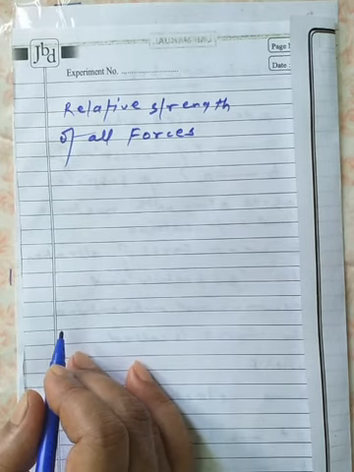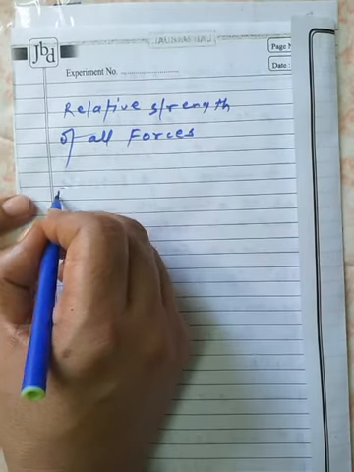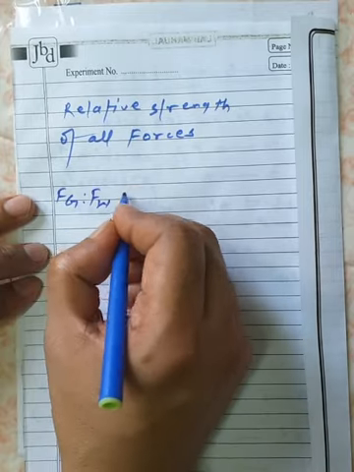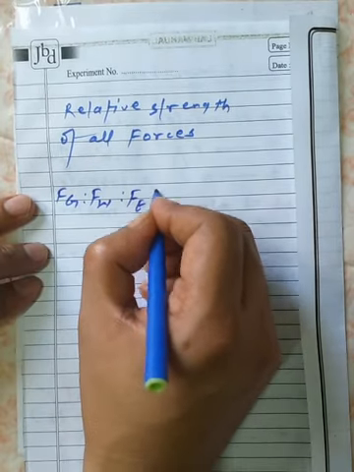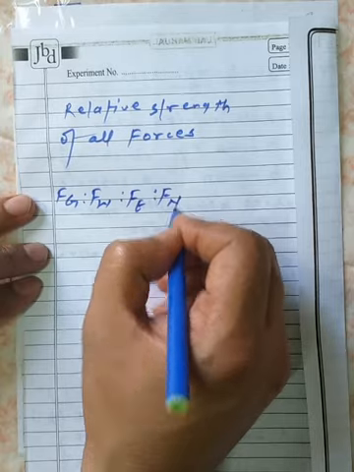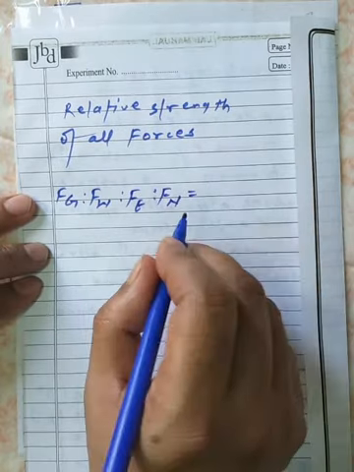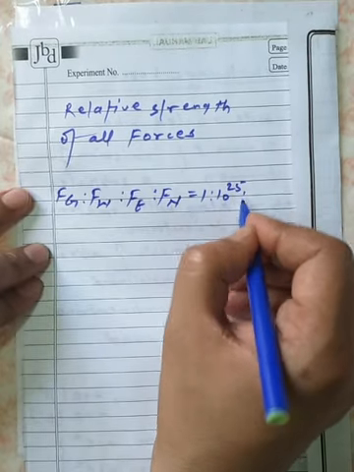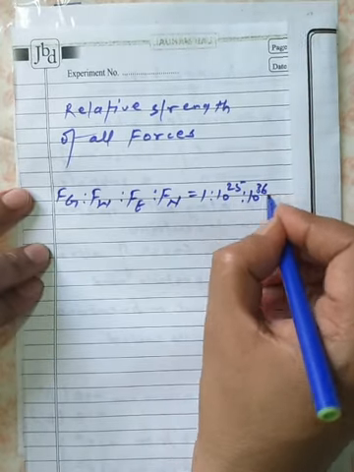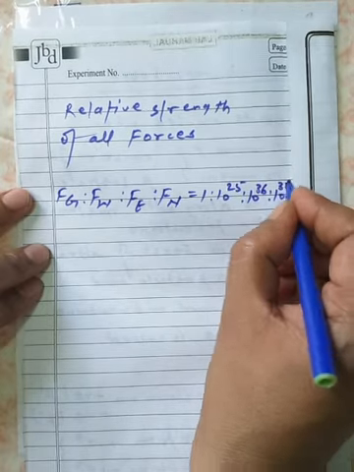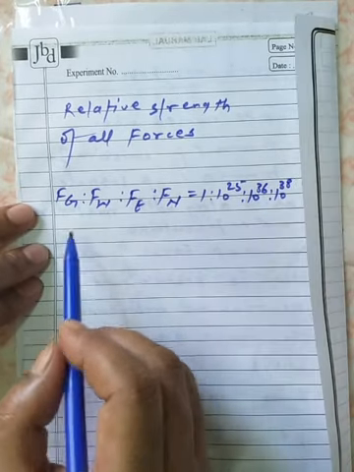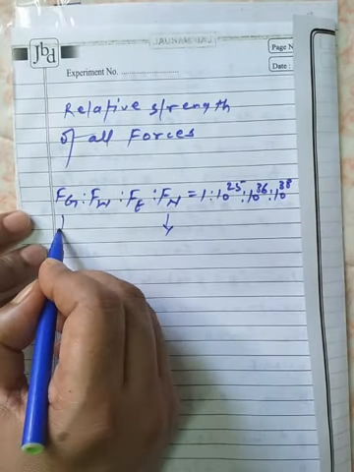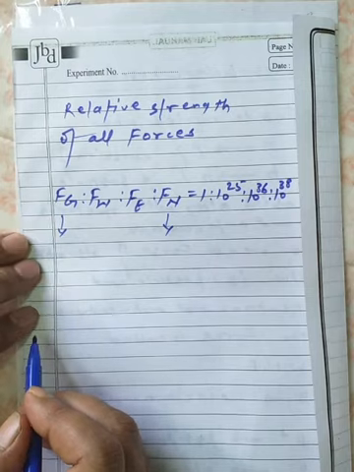We have the force of gravitation, the weak nuclear force, the electrostatic force, and the nuclear force, with relative strengths in the ratio 1 to 10 to the power 25 to 10 to the power 36 to 10 to the power 38. So we can easily say that the strongest force is the nuclear force, and the weakest force is the gravitational force.